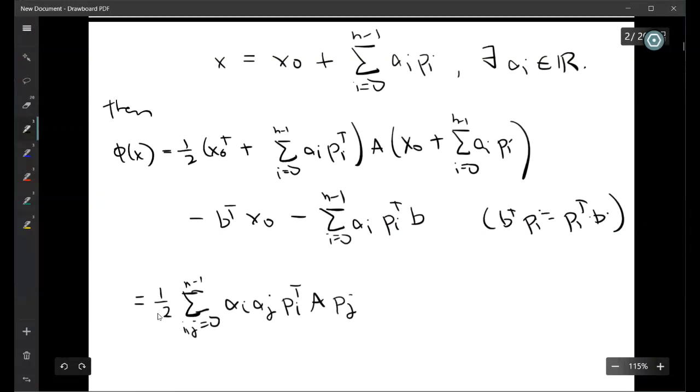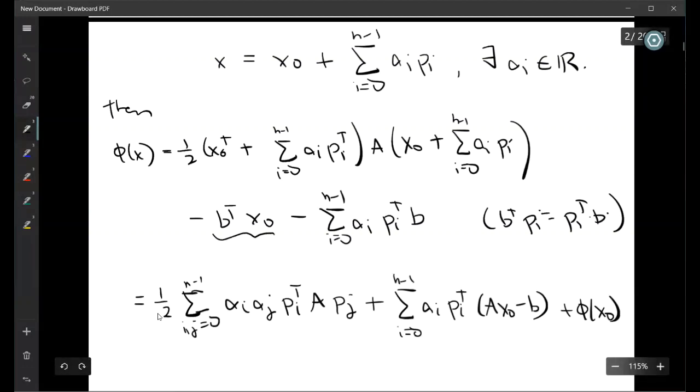I just use two indices here. And then plus the summation of alpha i times p i transpose times (A x0 minus b), for i from 0 to n minus 1, plus P of x0. And that's actually from this one and this one, and then the products involving these terms here.